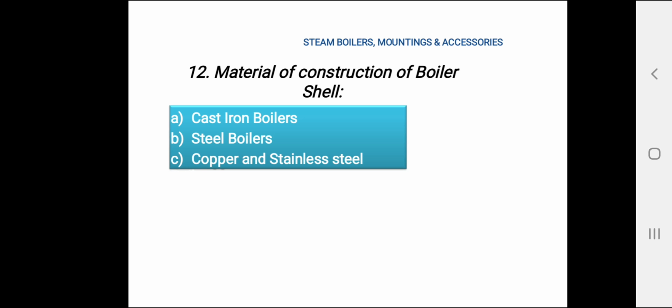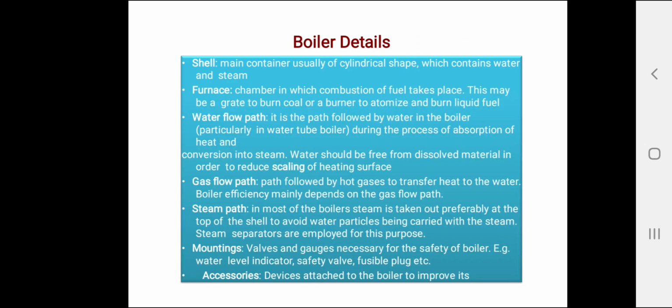Now let us discuss the details or parts of a boiler. The boiler consists of the shell, the main container, usually cylindrical in shape, which contains water and steam. Then the furnace is an important part of the boiler.